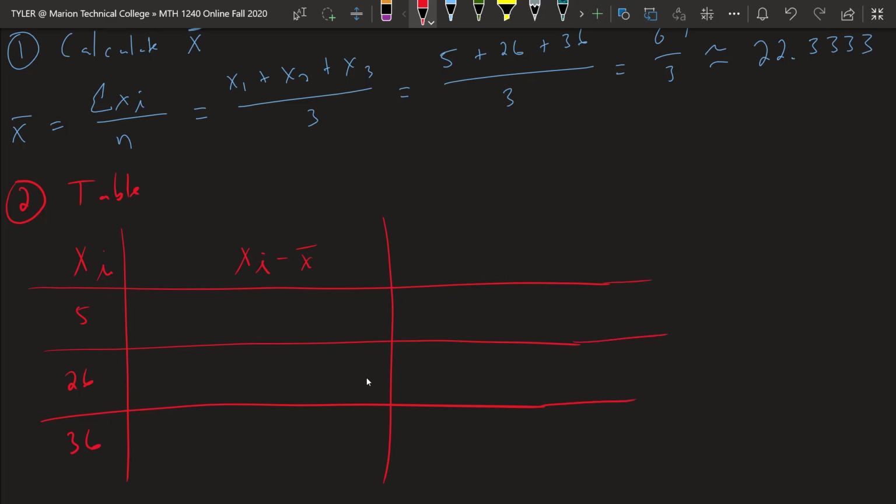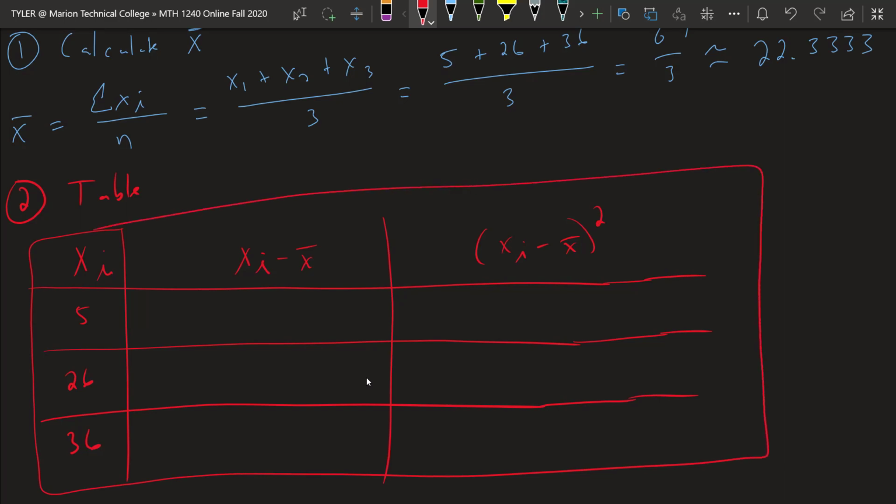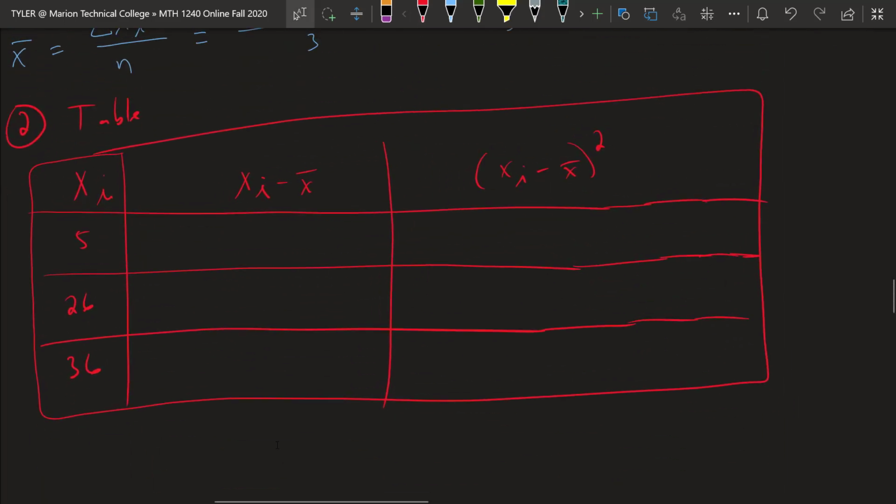And then the next column will be to square those. And then down here, we can make a box where this is the sigma of x sub i's minus the sample mean squared. That's going to equal the value in that box, right?